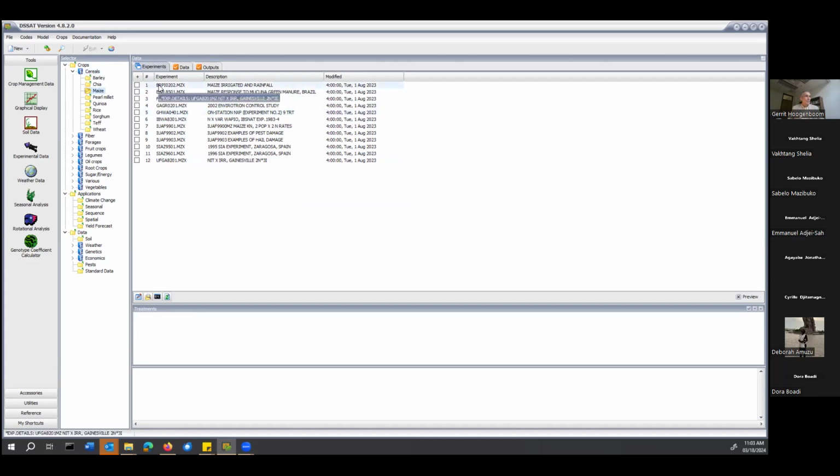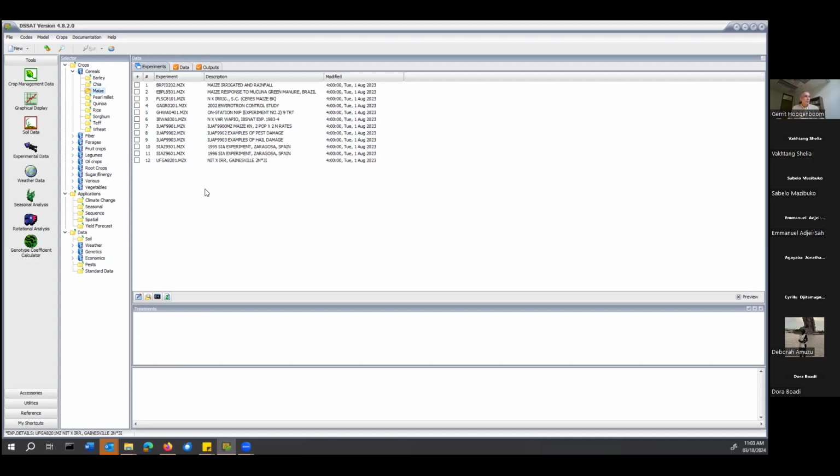For instance, the first one, BRPI, I think is actually Brazil. The next one is also Brazil. We have one, FLSC, which is conducted in the United States. We have one here from Ghana, from WA. We have one from Hawaii, and data here from Iowa. Depending on the crop, it varies.